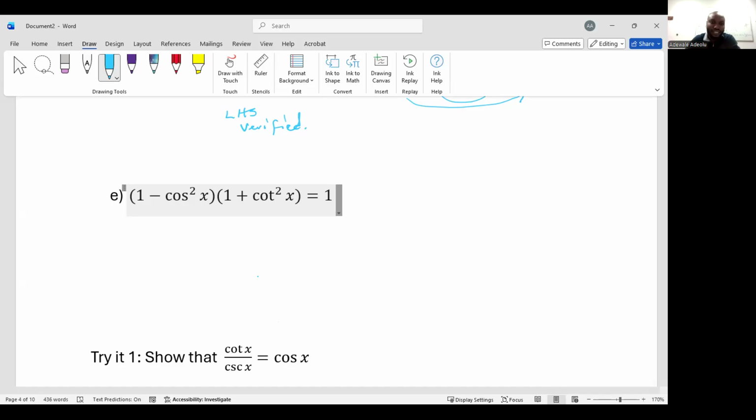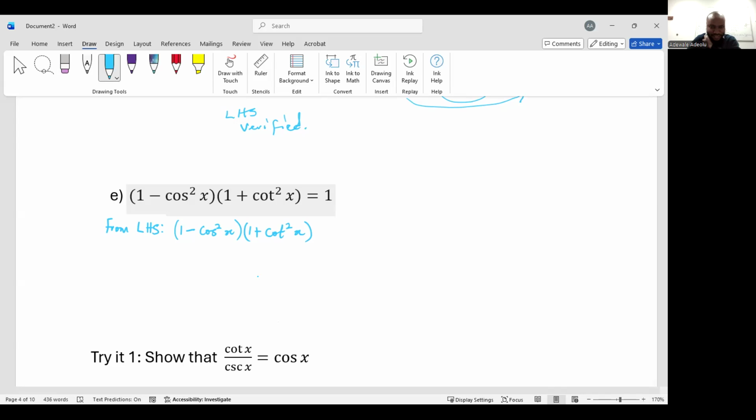That is it. In this case, I will start from the left hand side, because it is much more complicated than 1, which is on the right hand side. So I have 1 minus cosine squared of x times 1 plus cotangent squared of x.